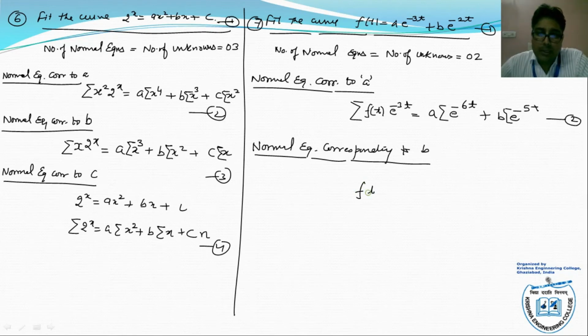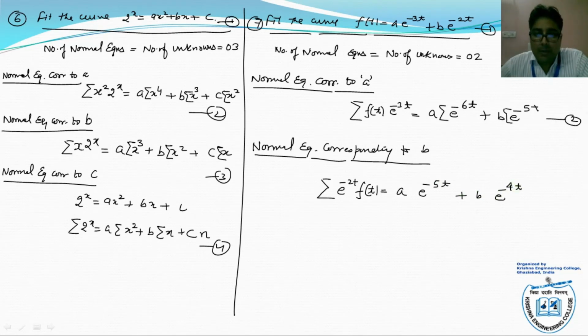So this becomes f(t) into e to the power minus 2t equals A e to the power minus 5t plus B e to the power minus 4t, and after multiplying take the summation. This is the normal equation corresponding to constant B. Now we find the values of A and B with the help of the table. Put these values in equation first, we get the best fit curve. Clear?